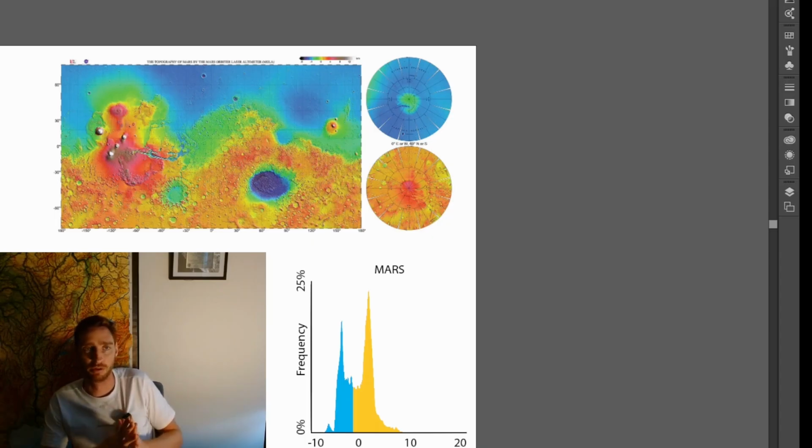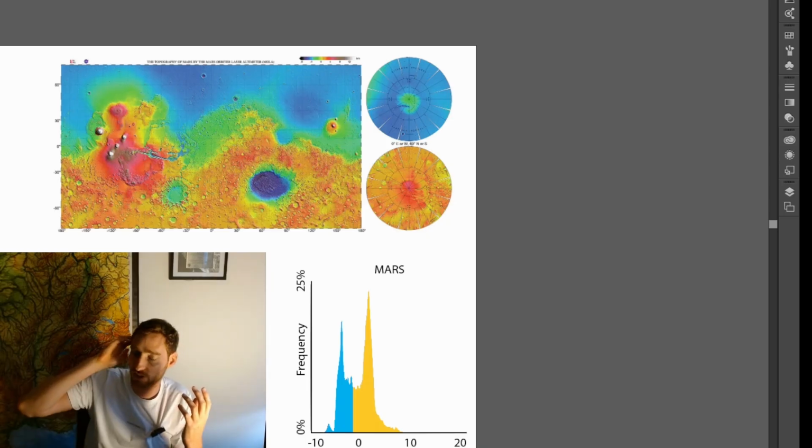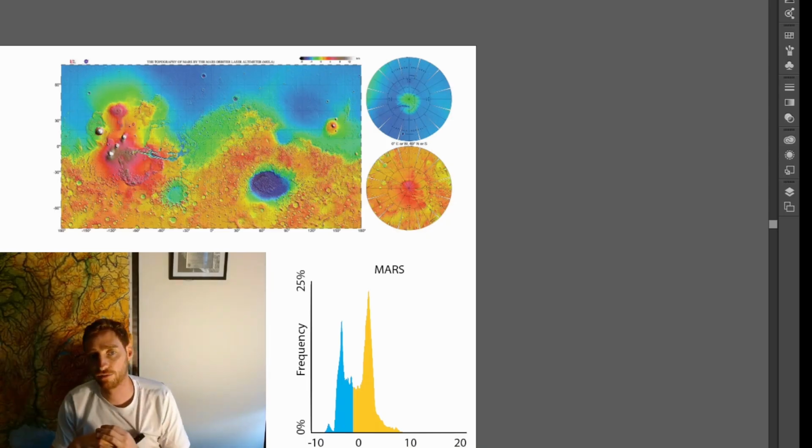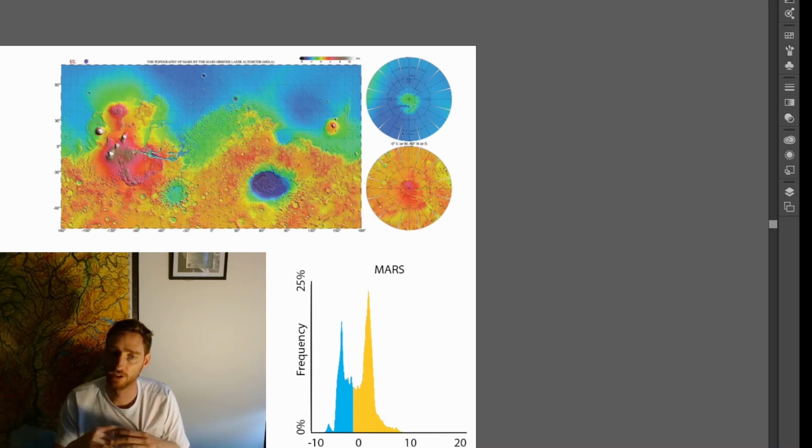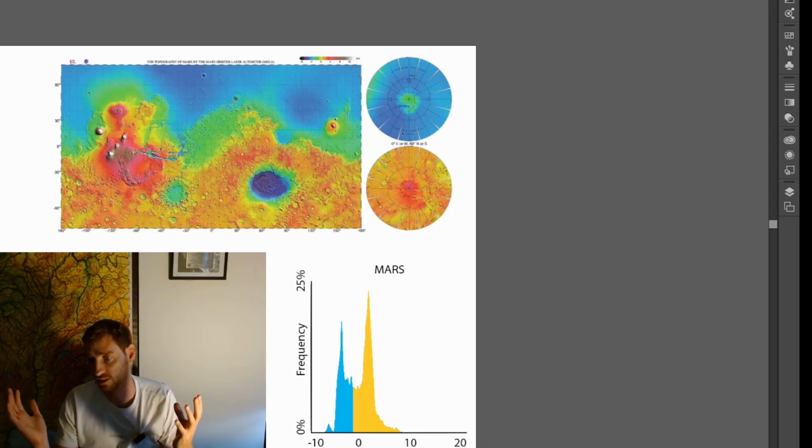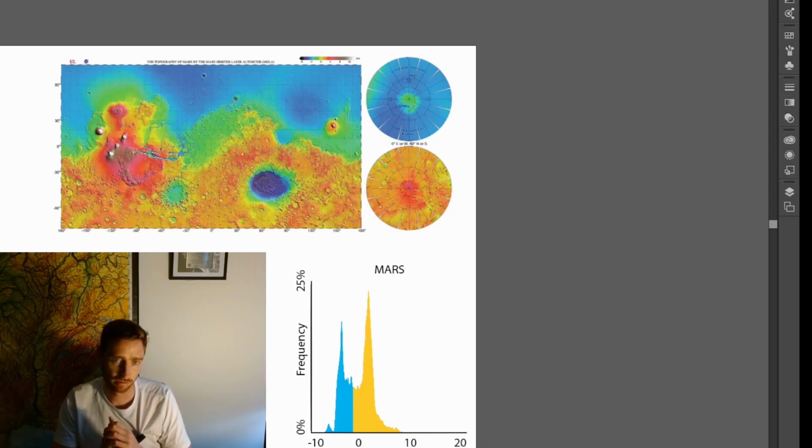So on Earth, this was attributed to plate tectonics, right, and the different rock types and the oceanic crust versus the continental crust. So Mars doesn't really have the same type of volcanism and faults and continental plate boundaries in the way that Earth does. So it is believed that Mars never had any plate tectonics, in the same way that Venus never had any plate tectonics. But we still have to deal with this bimodal hypsograph.